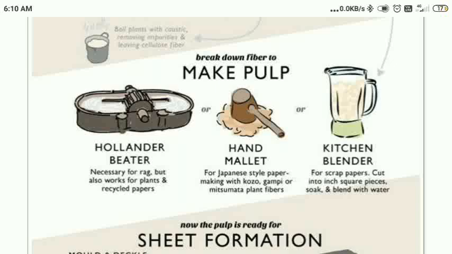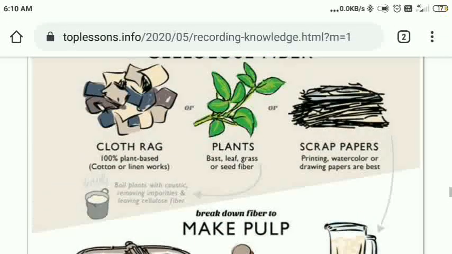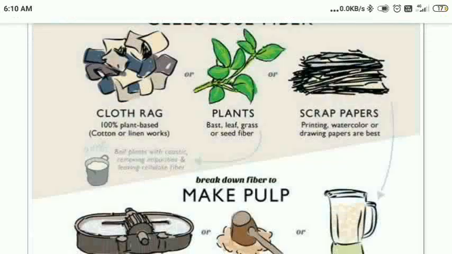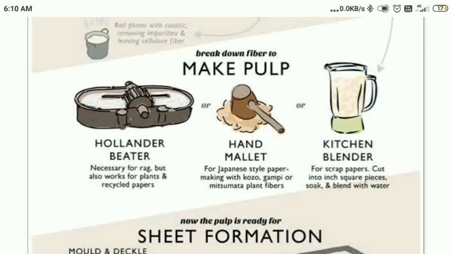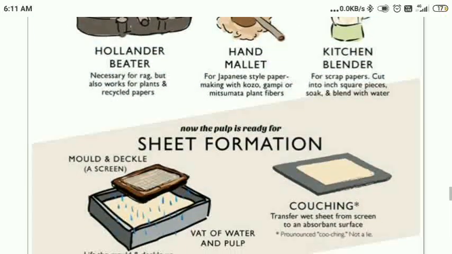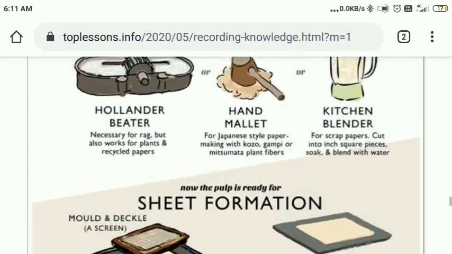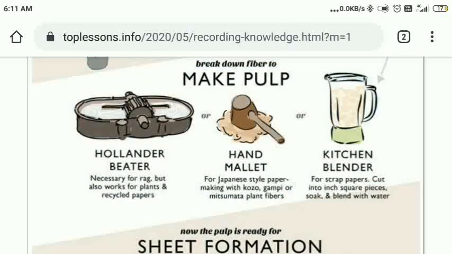So that pulp was created by using these three types of things, and then this pulp was completely mixed up, so that everything gets mixed, and then we use this pulp to make the sheets. How did they make the pulp? They used three methods: the Hollander beater, hand mallet, kitchen blender, which you have seen in your house also.